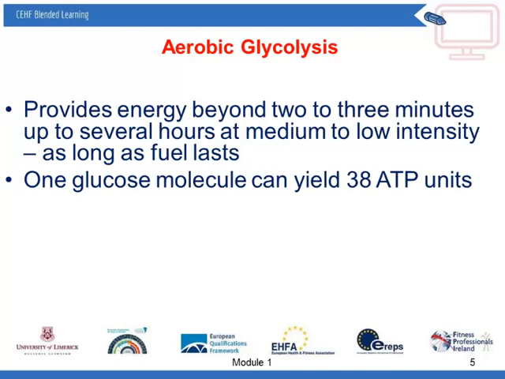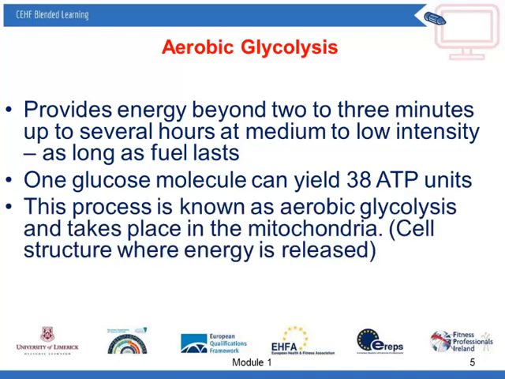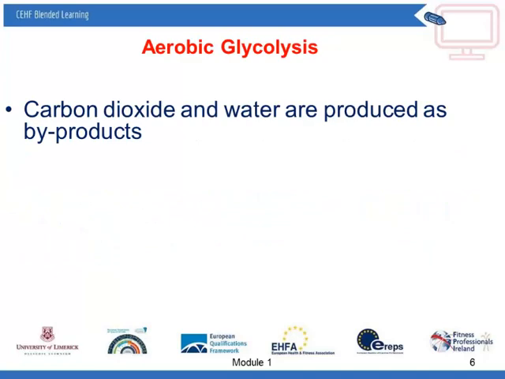The process of breaking down the glycogen molecule to create ATP is known as aerobic glycolysis, and this takes place in the mitochondria, which is a structure within the cell where energy is released. It is sometimes referred to as the powerhouse of the cell. During this process, carbon dioxide and water are produced as byproducts.